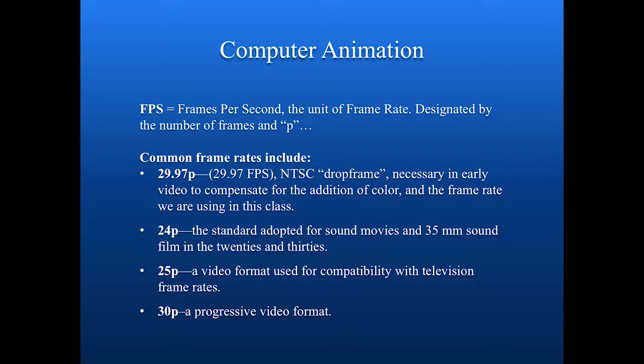So in early video, they used to use 30 FPS, but when they added the color line to the film, they had to take away from 30 to add the information. So they put it into the bottom part, or the extra part of the FPS line, and that meant that they had to cut part of it off. So that's drop frame.